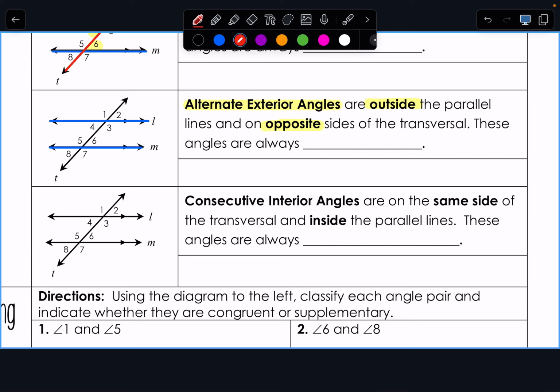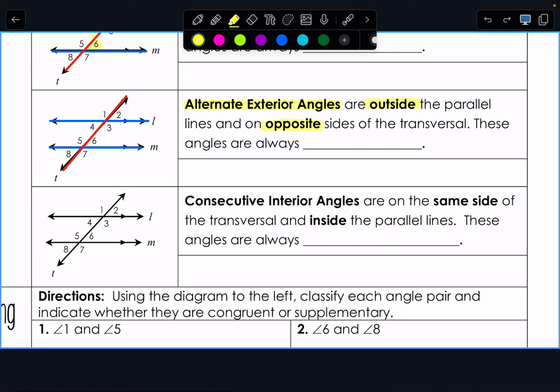So, just like we talked about earlier, we have 4 angles that are inside, but we have 4 angles that are outside. So notice how 1, 2, 8, and 7, those are outside. Those are exterior angles because they're outside of the parallel lines.